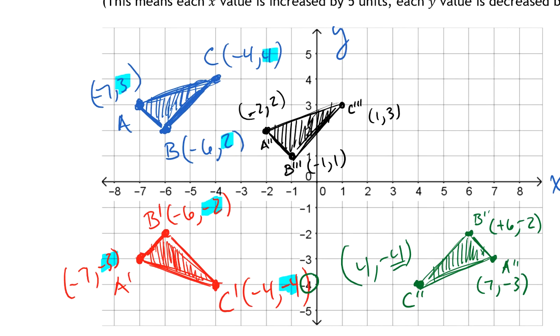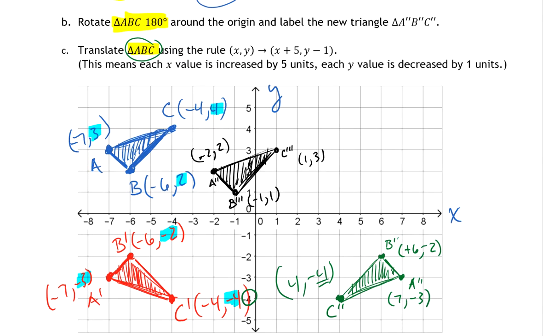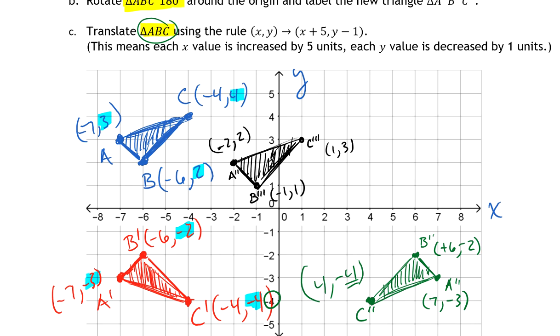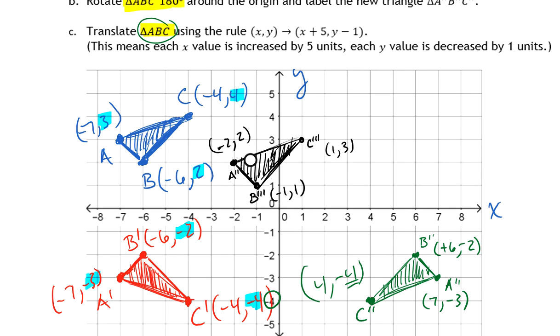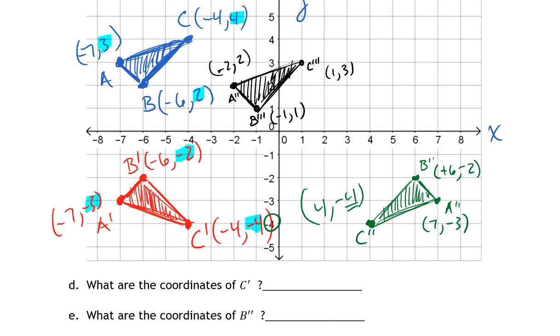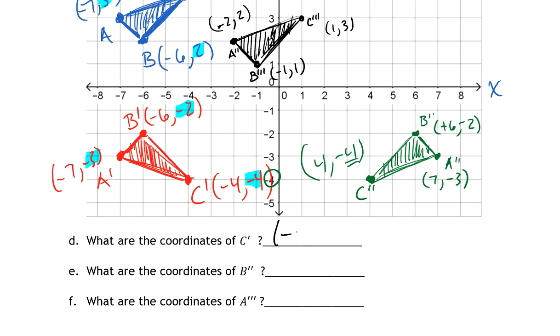So those are all of the transformations we were asked to do. We were asked to do a reflection, that's the one in red, a rotation of 180, that's the one in green, and a translation, adding 5 to x and decreasing y by 1. And then the other thing we're asked to do here is identify the coordinates of these points. So if I look at this, I can see that C prime is at negative 4, 4, so I'll just write that there, negative 4, negative 4 rather.